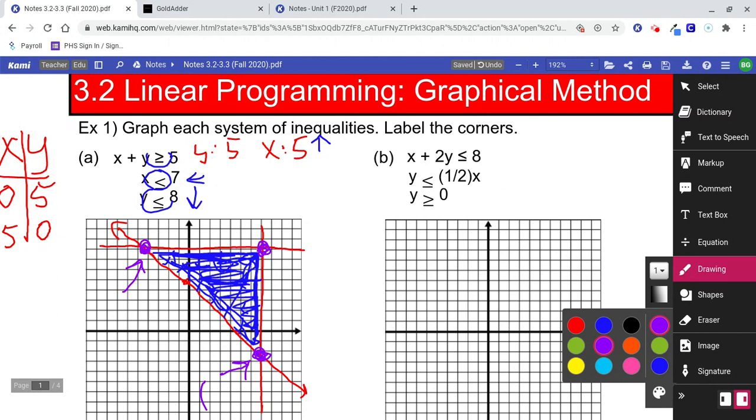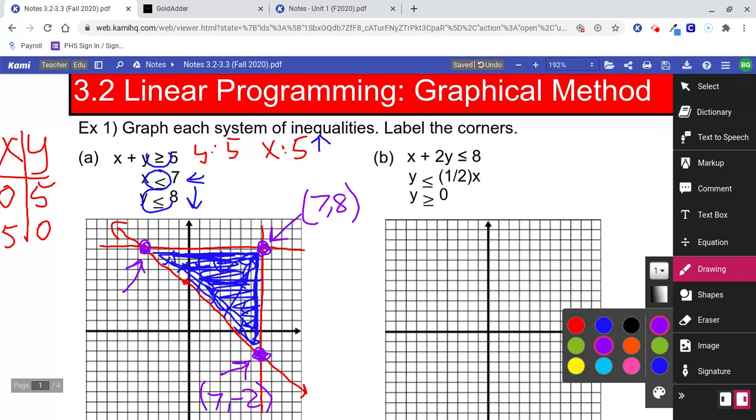7, -2. Good. 7, -2. Mine doesn't look so hot. What about this one up here? Should be 7, 8, right? Should be 7, 8. Okay. And then that one on the left side, I think mine's graphed wrong because I had such a hard time drawing that diagonal line.